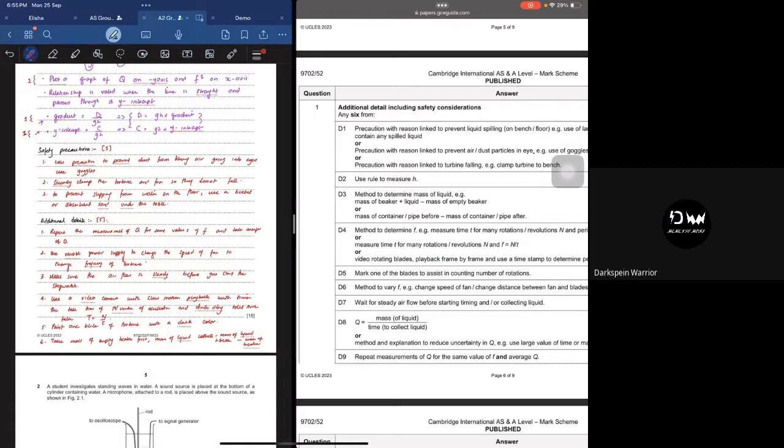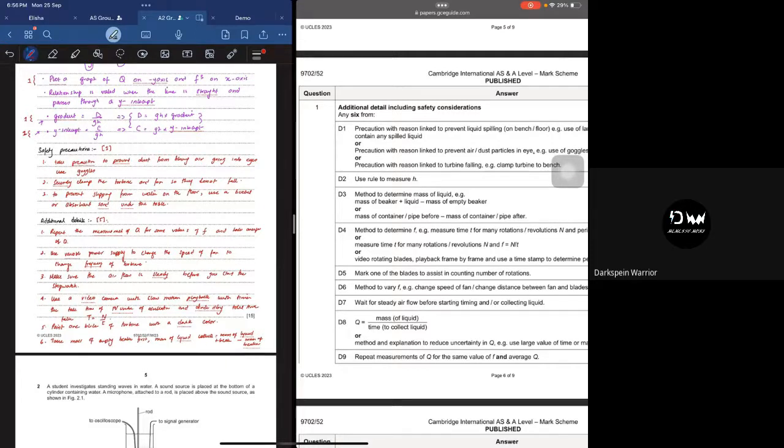Logically, mark schemes are made by the examiner to help teachers or the other examiners to check on a certain scale, right? But if the examiner feels that that reason is correct, it should be included, it will be included in the mark scheme at the end as well. Mark scheme is developed after they check the papers. Do you get it? Okay.